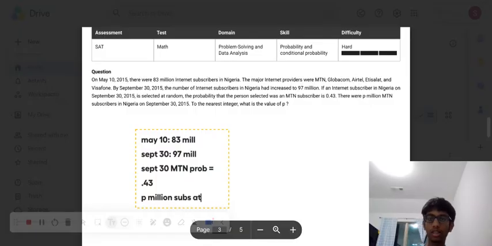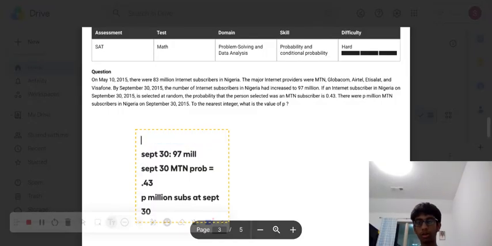Subs at September 30th. So in a way, not all the parts of this question are needed, because nothing in our answer requires the information of May 10th. We don't need this part at all.